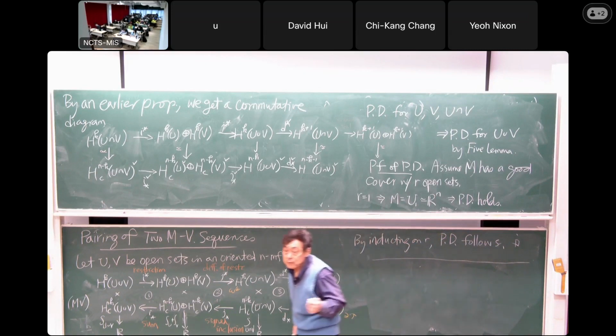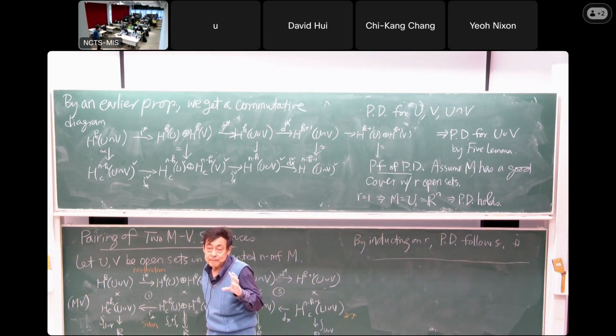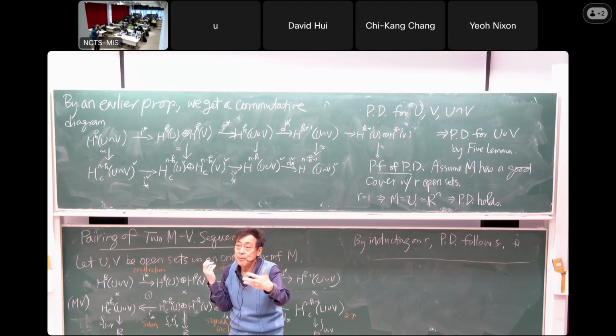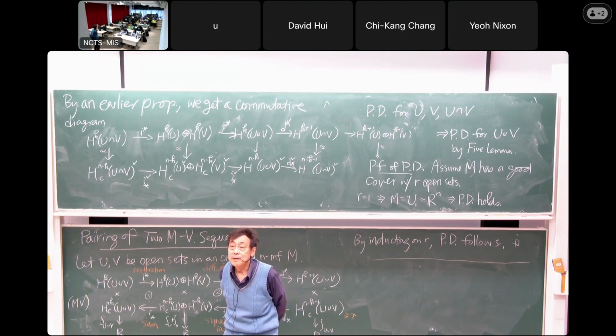Next time we will use it to prove Künneth's formula, which gives you the cohomology of the Cartesian product of two manifolds. Okay? And it can prove some other theorems too, the Thom isomorphism and the Leray-Hirsch theorem. So we'll do that next time, okay? So I'm going to end here today.